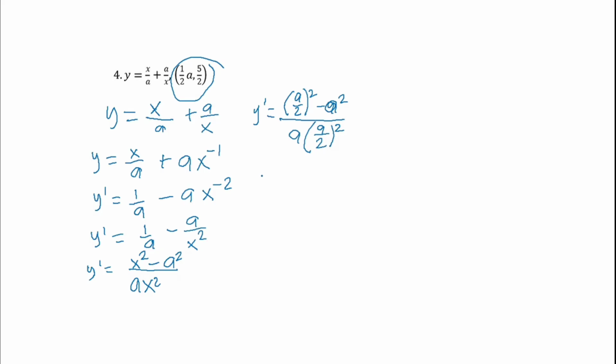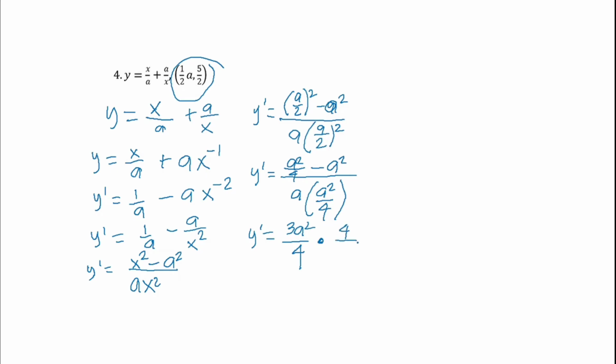So y prime is equal to a squared over 4 minus a squared all over a times a squared over 4. So y prime is equal to, this will become 3/4 a squared, so 3a squared over 4 times, this is a cubed over 4, so therefore 4 over a cubed.